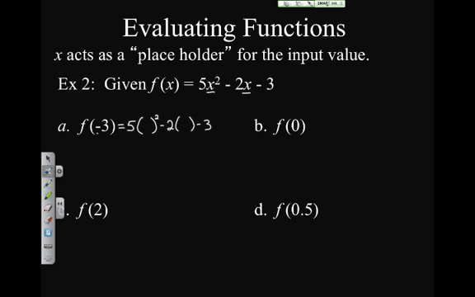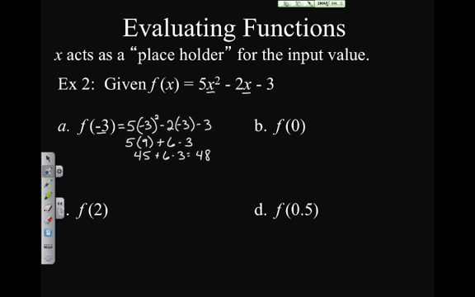Well, the input value is right here, negative 3, and that's what goes into each of those spots. So now we've got 5 times negative 3 squared, which is 9. Negative 2 times negative 3 is plus 6 minus 3. This gives us 45 plus 6 minus 3, and that's going to be 48 for part A.